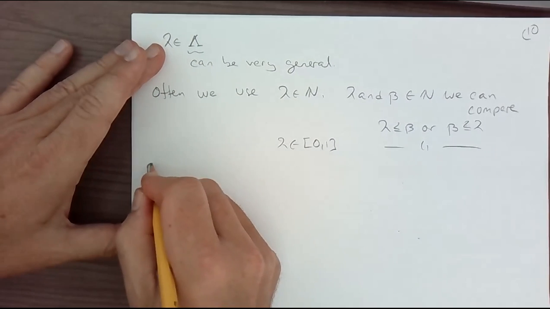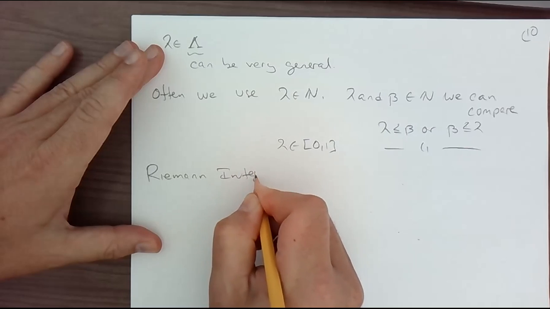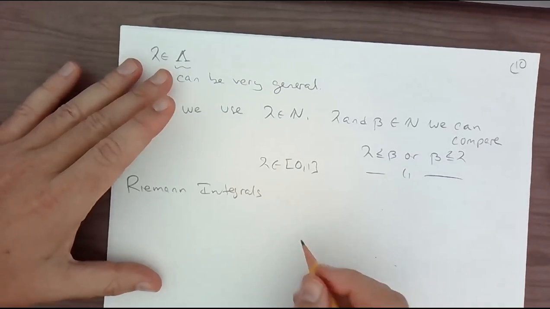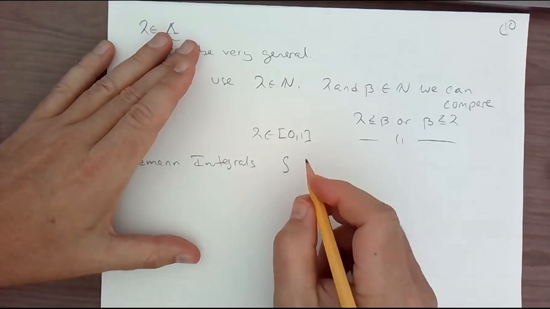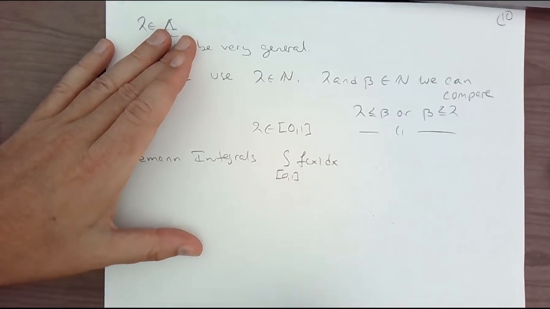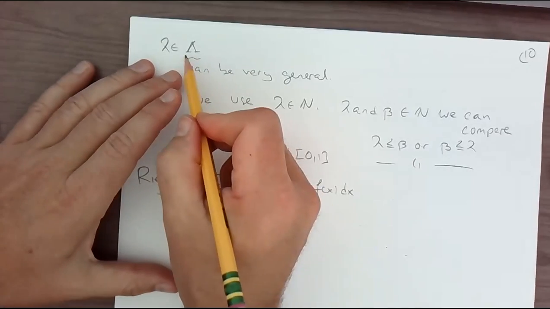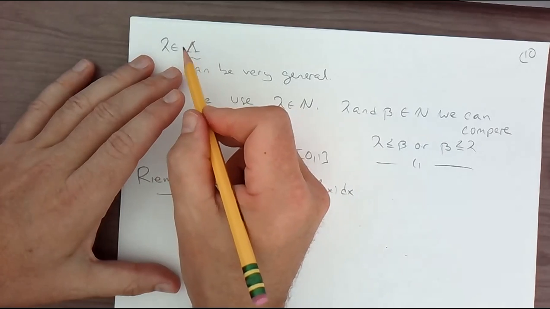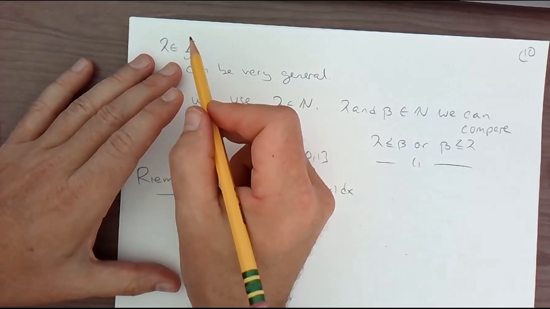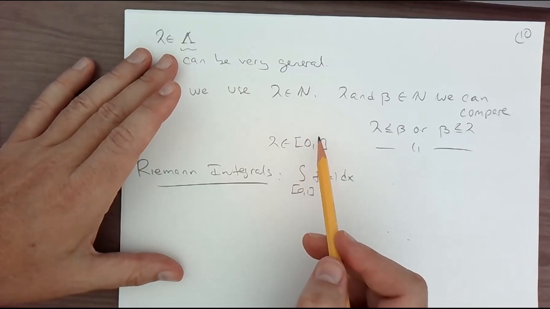So for Riemann integrals, when you're looking at an integral from, say, 0 to 1 of f of x dx, this is just to give you an idea that this set here can be something very different than numbers.